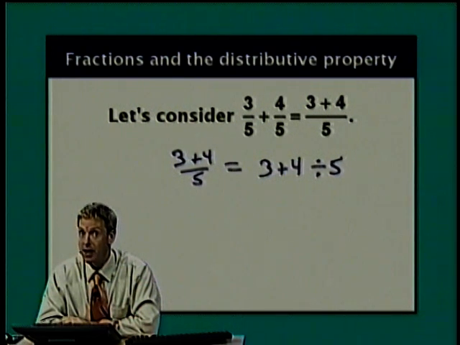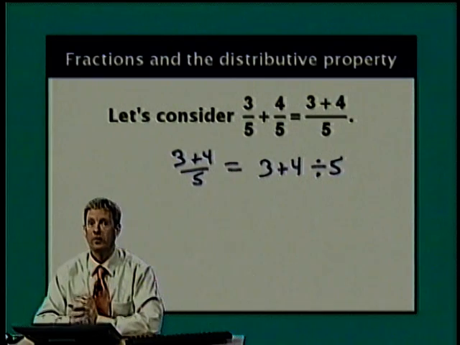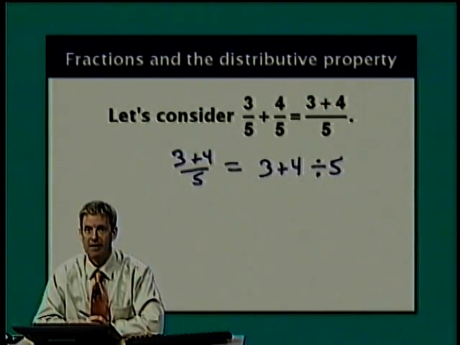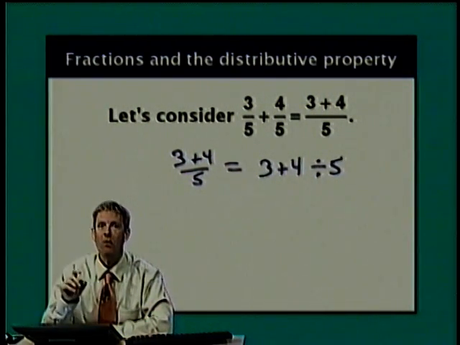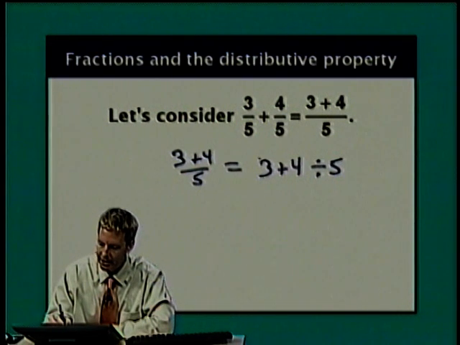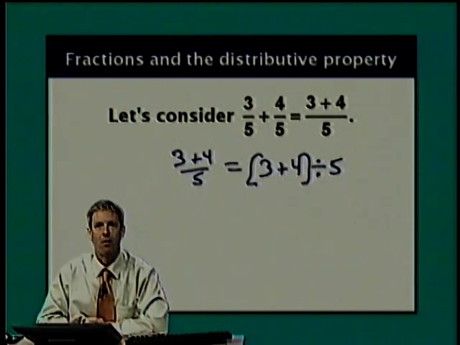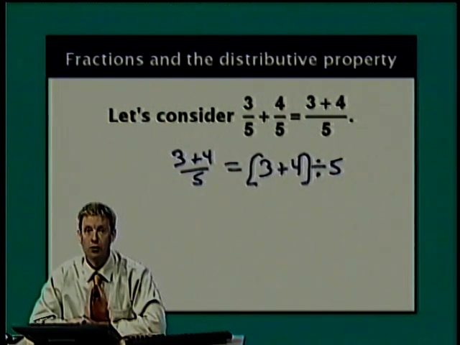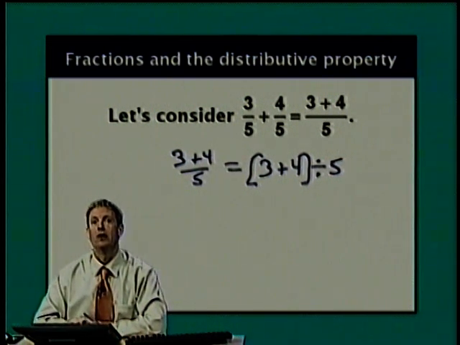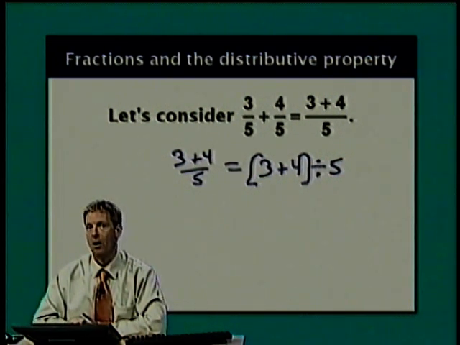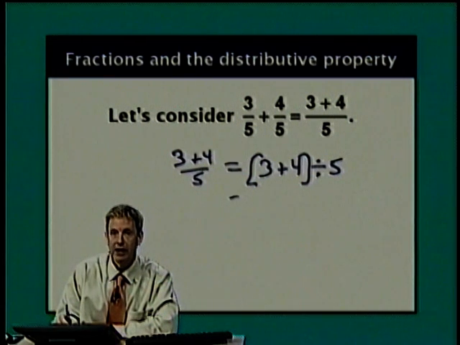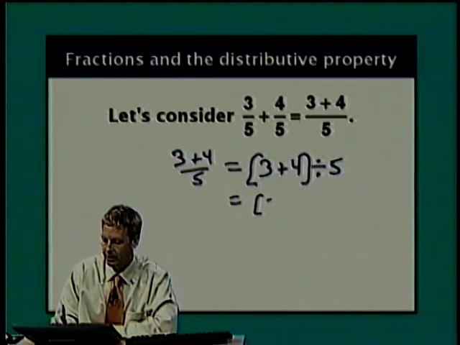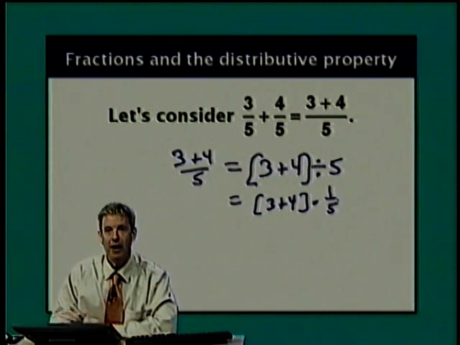And you're right, it does. And I don't want to just divide the 4 by 5. I want the whole sum, 3 plus 4, to be divided by 5. And the only way I can communicate that is to put the 3 plus 4 inside some sort of grouping symbol. All right, so now I have the sum, 3 and 4, divided by 5. I can rewrite that as a product, (3 plus 4) multiplied by 1/5.